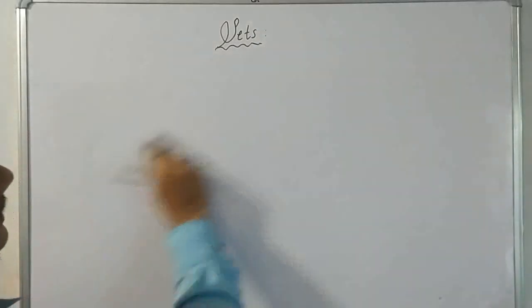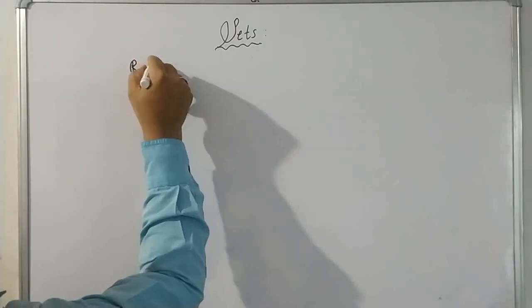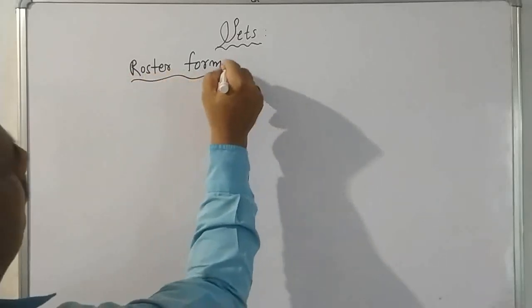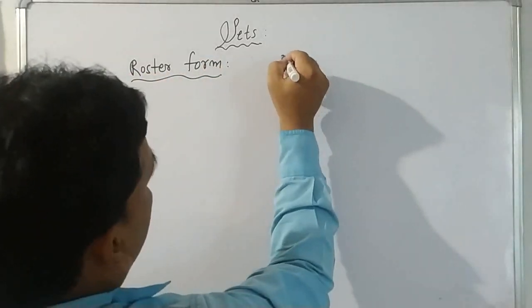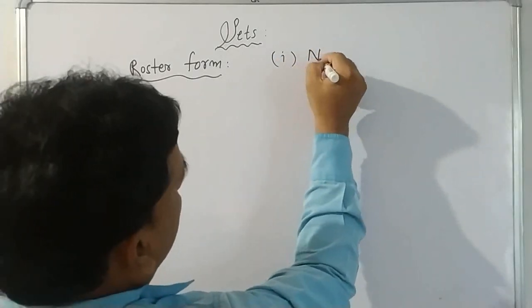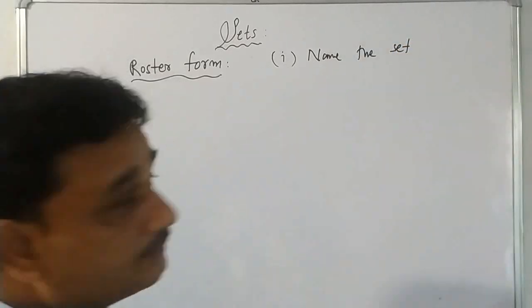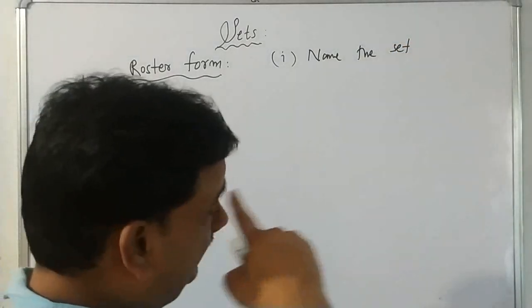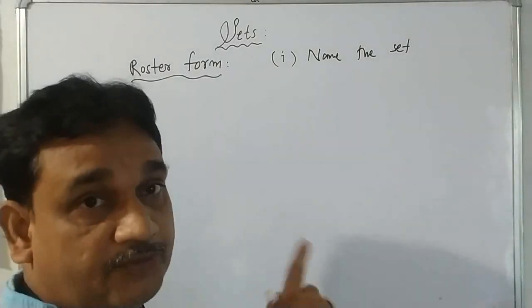So the first one is roster form. There are some rules you have to follow. First thing is name the set. Name the set means you can choose any alphabet, uppercase.